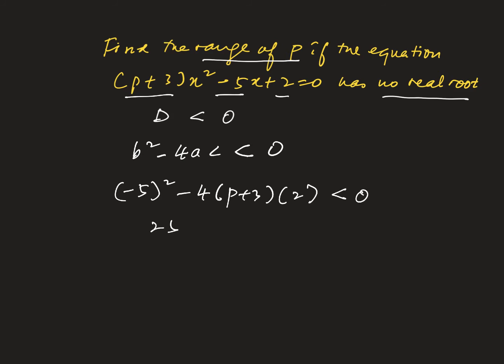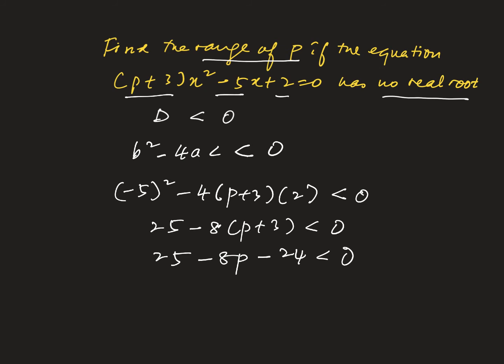So we have 25 minus 8(p plus 3) less than 0, that is 25 minus 8p minus 24 less than 0.